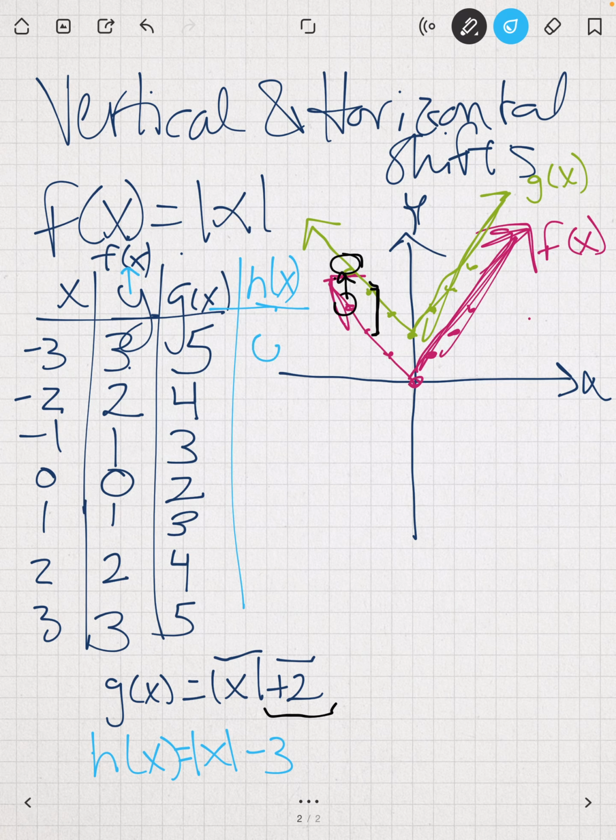So here we have 0, -1, -2, -3, and then 1 minus 3 is -2, -1, and 0. And so again, plotting those, and here we have h of x.